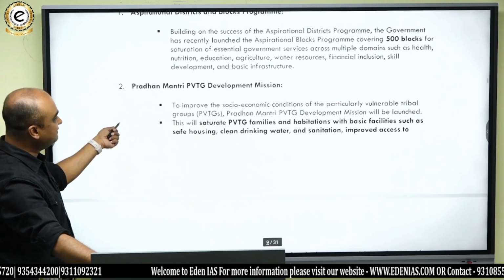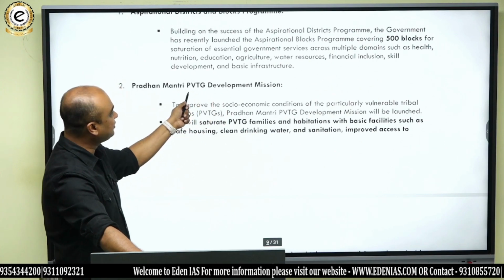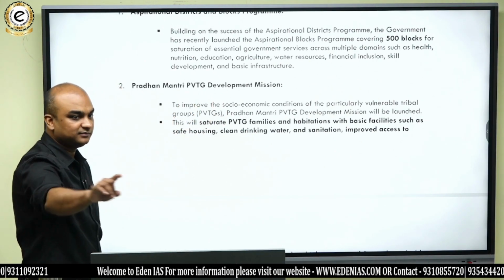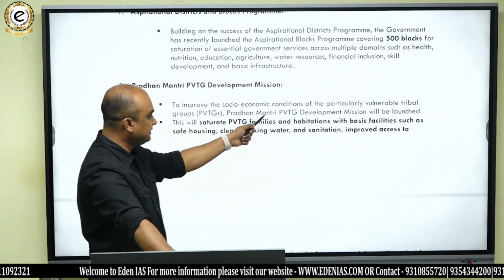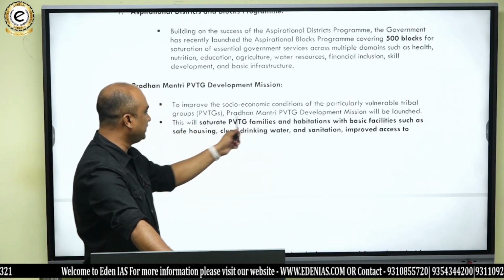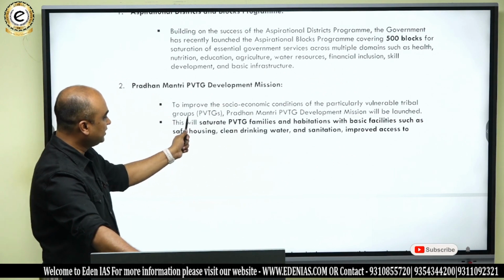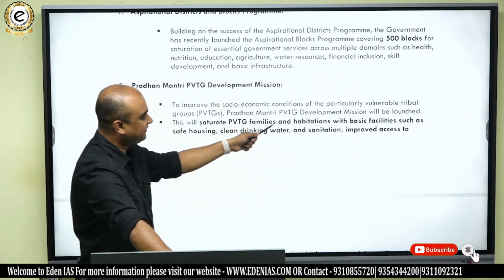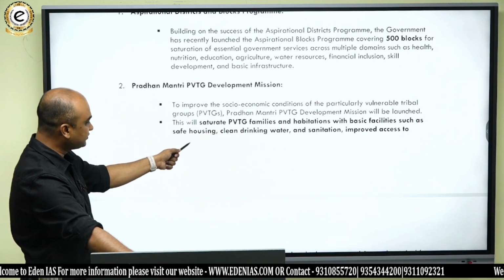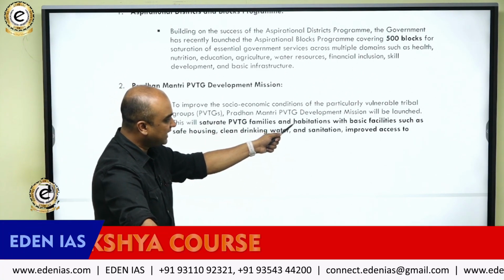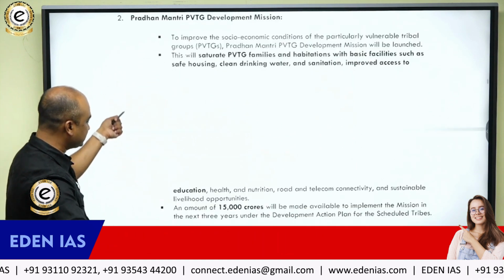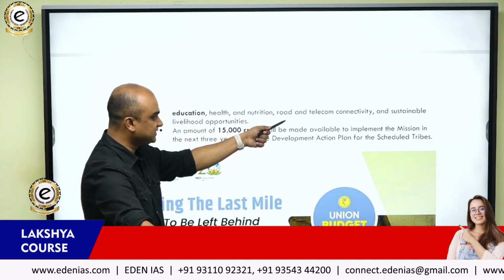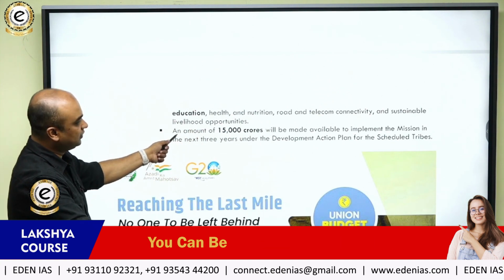प्रधानमंत्री PVTG development mission, particularly vulnerable tribal group. This is also reaching to the last mile. So Pradhan Mantri PVTG development mission will be launched. This will saturate PVTG families and habitations with basic facilities such as safe housing, clean drinking water and sanitation, improved access to education, health and nutrition, road and telecom connectivity and sustainable livelihood opportunities.